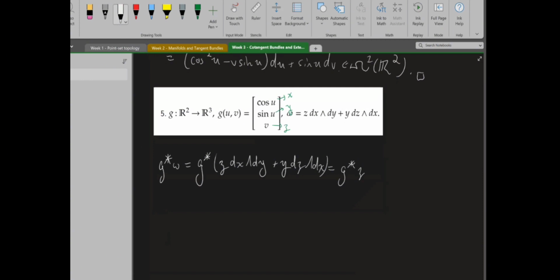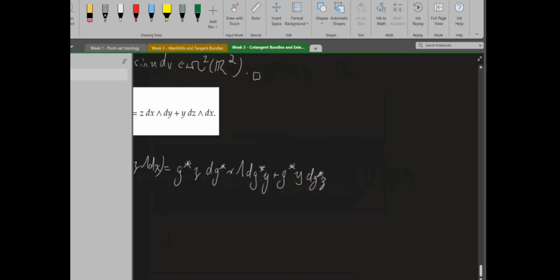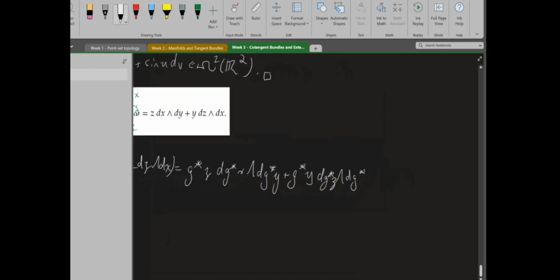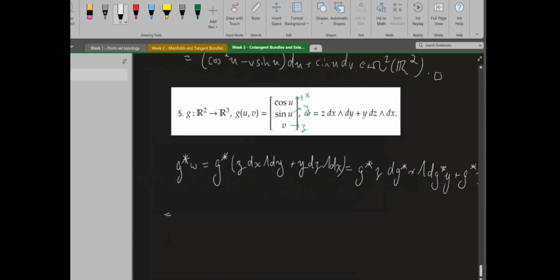It distributes over wedge products and over exterior derivatives, so you get d g star x wedge d g star y plus g star y d g star z wedge d g star x. But that's all a mess, so we don't really do that in practice. You just write in what z is.